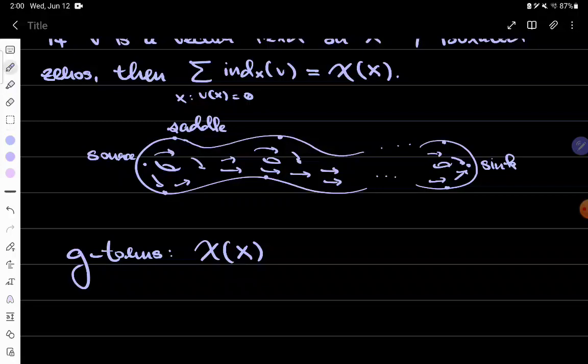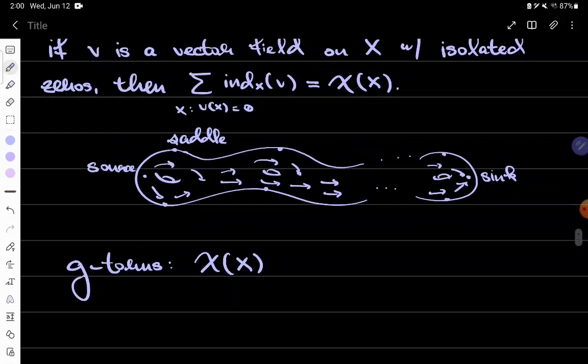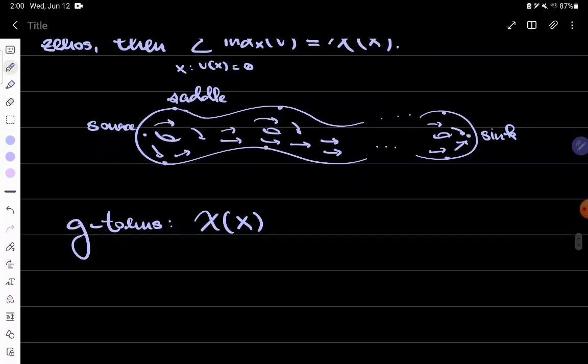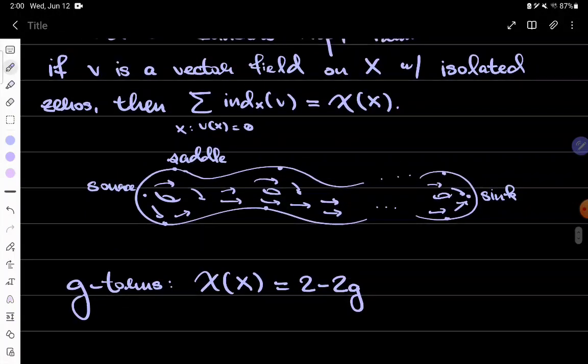So the number of saddles is going to be 2g. So this contributes -2g to the count by Poincare-Hopf. And then one source and one sink at each end of this manifold of genus G is going to contribute 2. So we have 2 minus 2g, and this gives us the following classical relationship between the genus and the Euler characteristic. So this is a really useful theorem.